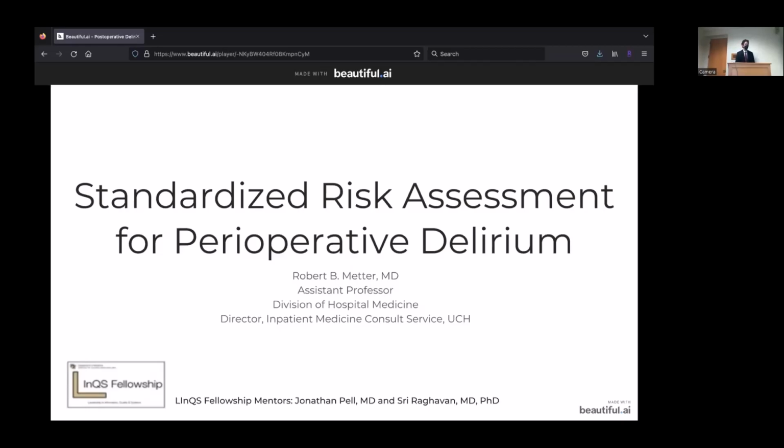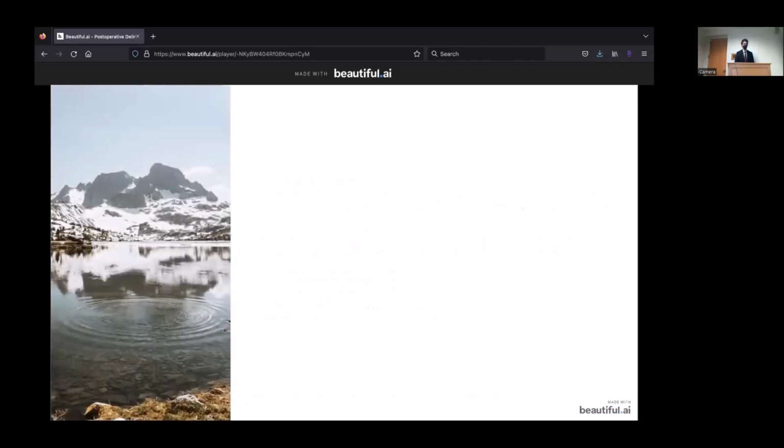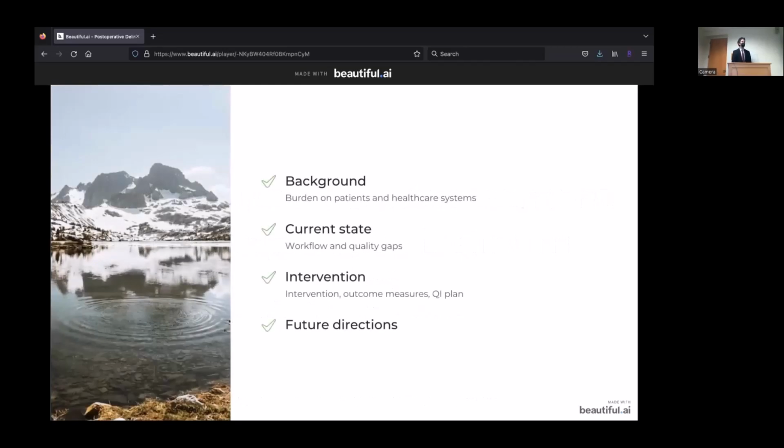So this is a sort of a humble QI project in standardized risk assessment for perioperative delirium. As part of the agenda today, I'd like to briefly touch on the background, the burden of perioperative delirium on patients and our healthcare system.